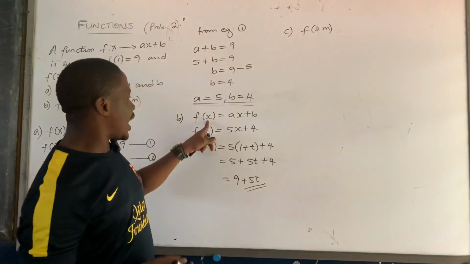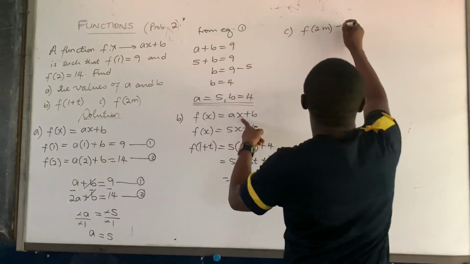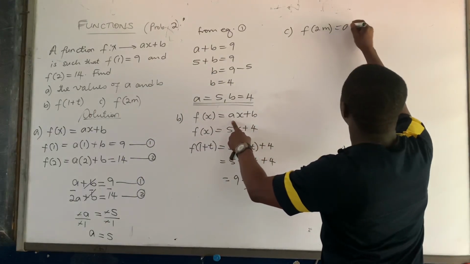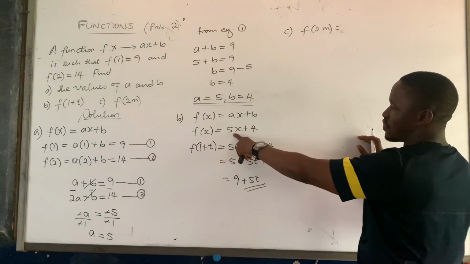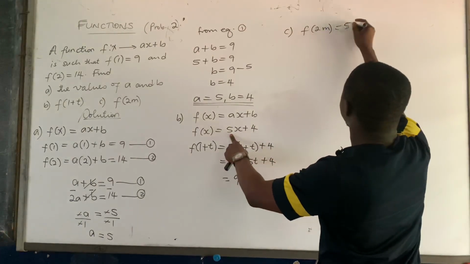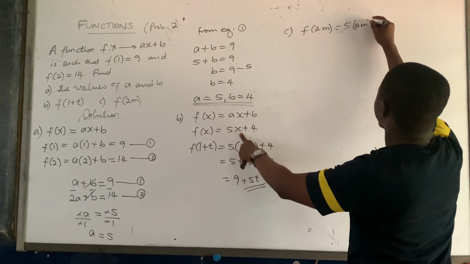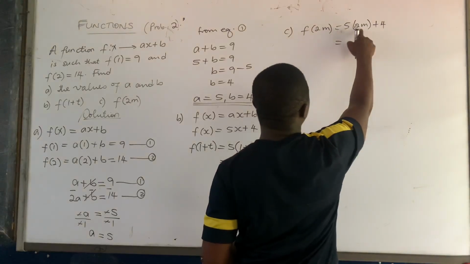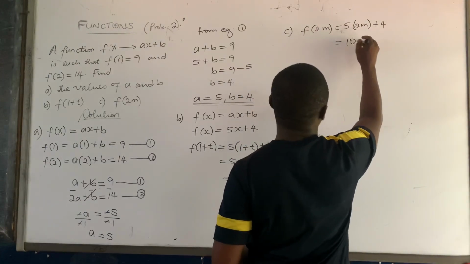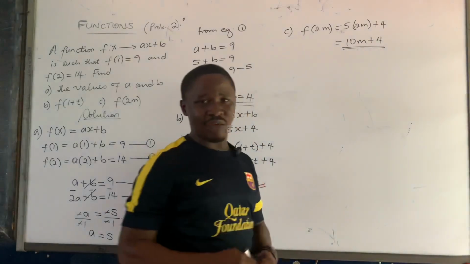So wherever we see x in this function, we write 2m. Here we have 5x plus 4. For this x, we write 2m, then plus 4. So 5 multiplied by 2m is 10m, plus 4. So this is what we have.